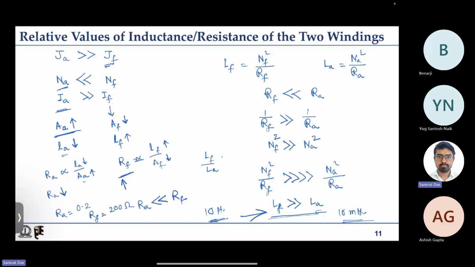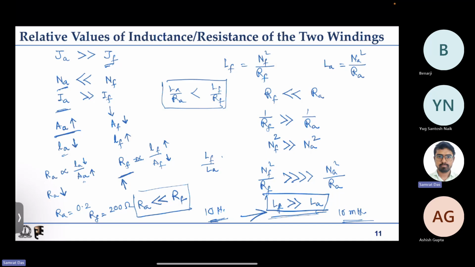With this relative difference, you can then compare the time constants, and you will find that the armature winding time constant is quite low compared to the field winding time constant. So first we discussed the relative values of the inductances Lf and La. Next are the relative values of the resistances of the two windings, Ra and Rf, and next, the relative values of the time constants.